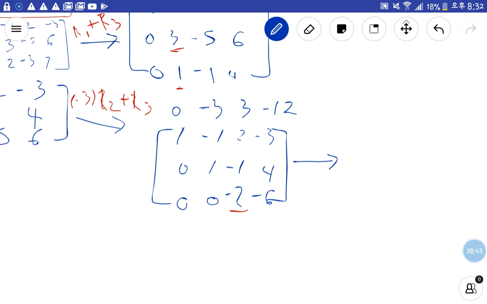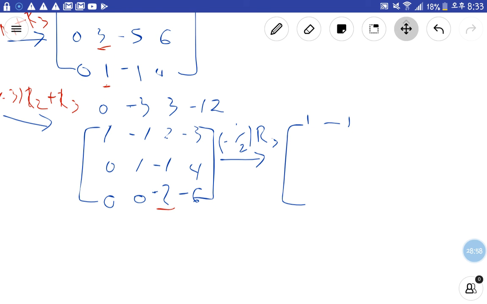If you times negative half onto your third row, then you can make negative 2 as 1, correct? So, everything has to be the same. By the way, this is my row 2, guys. Okay, I'll write down.